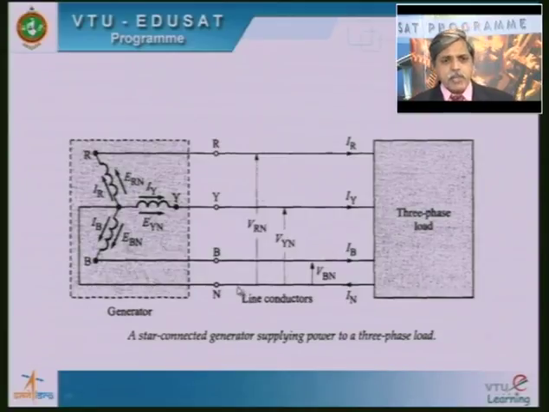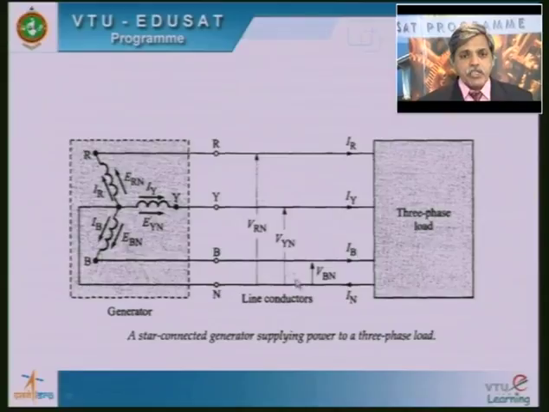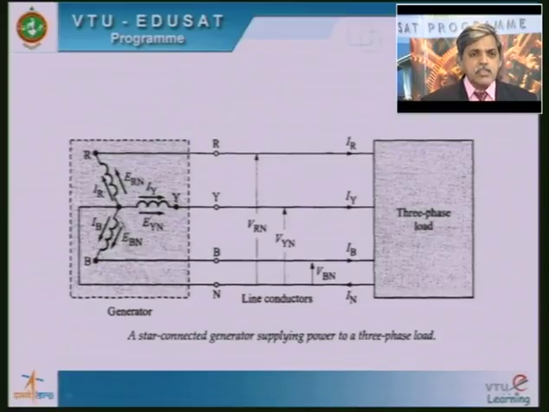If I measure the voltage between N and R, that gives the phase voltage VRN, N to Y the phase voltage VYN, and N to B the phase voltage VBN, measured at the terminals of the generator, whereas ERN, EYN and EBN are the induced voltages. So, there is a small impedance drop across each of the three phases, because all the windings are identical, the impedance is identical.